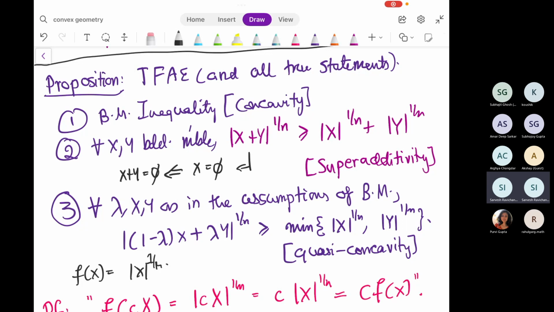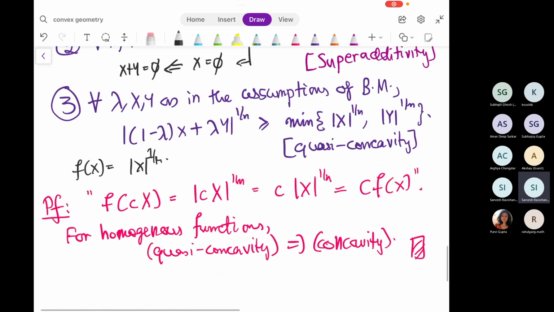And therefore, if y has non-zero Lebesgue measure, then everything falls apart in equation 2. So the best way to think of equation 3 is that it accommodates the situation when x and y can potentially be empty, because over there, the right-hand side is 0 when one of them has Lebesgue measure 0. So it makes things really easy.